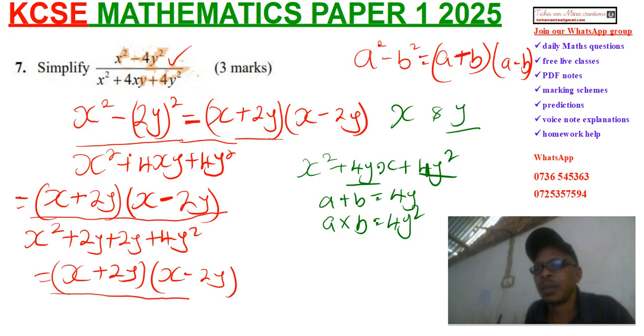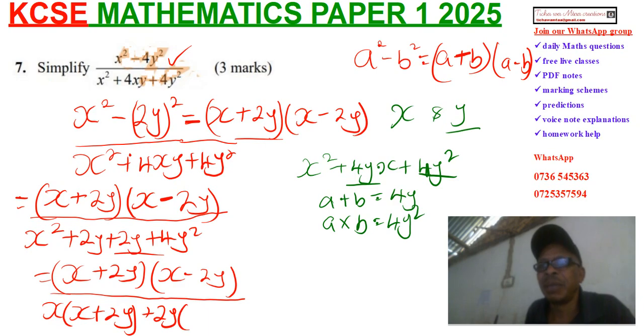Then for the denominator, we factor out x, we get x, and we have x plus 2y. Here we factor out 2y, so we have plus 2y, and we are left with x plus 2y.